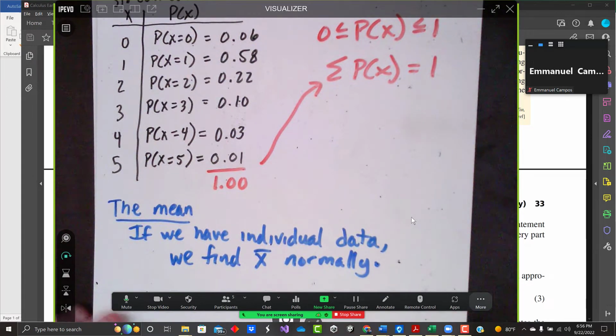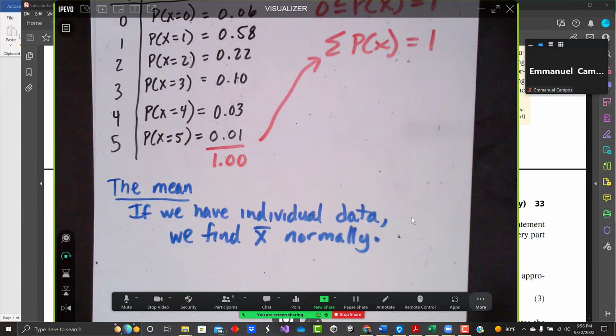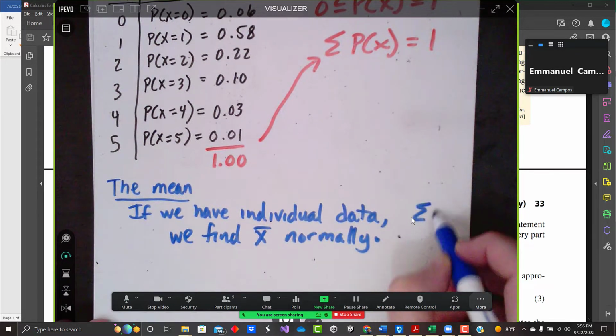Add them up, divide by n. Sum of x over n.